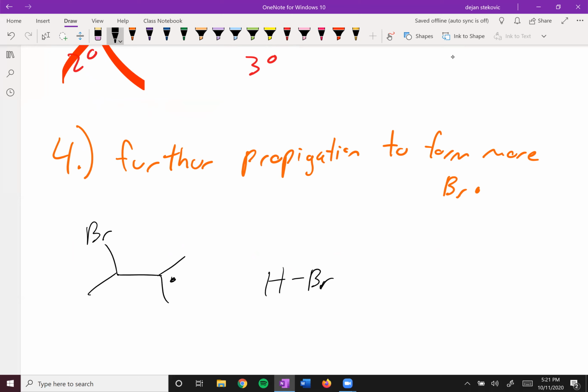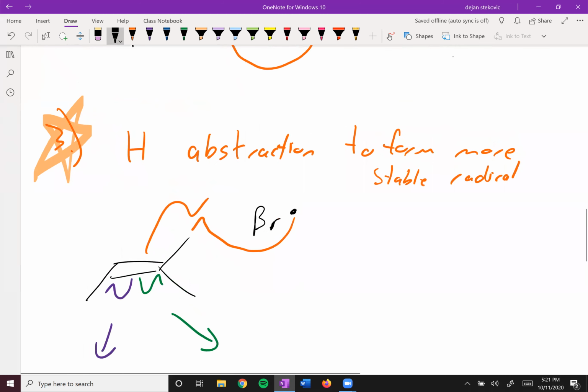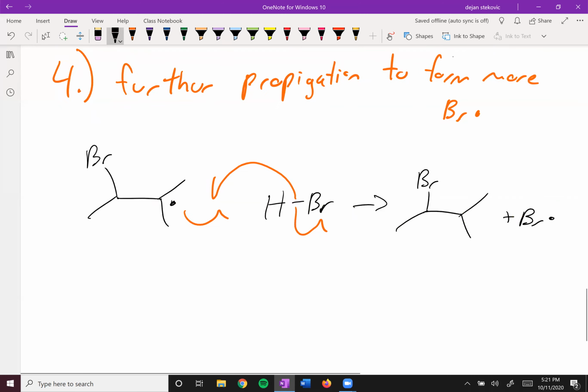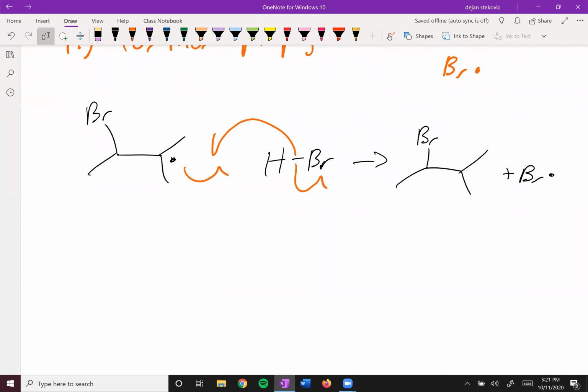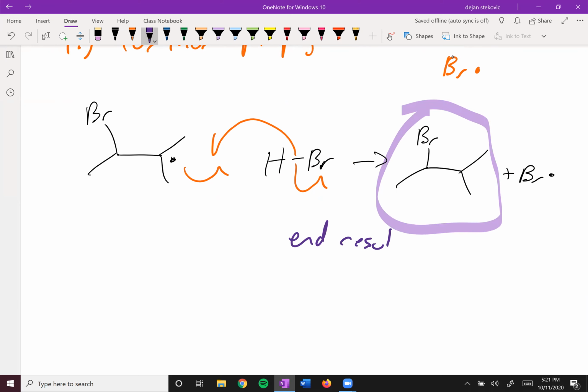It's going to interact with another molecule of HBr to complete our reaction, and then produce some more bromine radical, which can go back into the third step and continue the reaction, so on and so forth. And if you think about the end result here, we have an anti-Markovnikov addition.